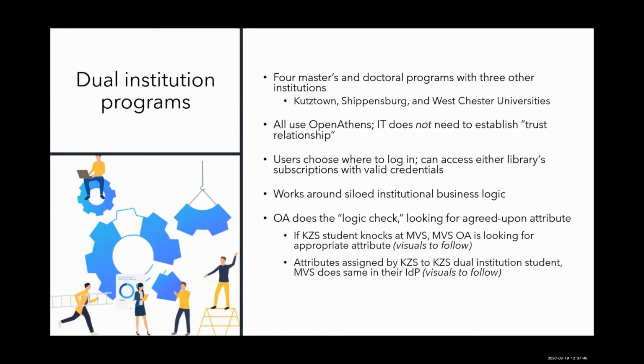So users can choose where they want to log in, and they can access any resources in the library with their valid sets of credentials. So if a Kutztown user comes to the Millersville University Library, they're able to log in with their Kutztown credentials and vice versa. Years ago, we were able to ascertain that when students move between a course that's listed at Kutztown or Shippensburg and then a course that is listed at Millersville as part of the dual institution programming, they prefer to stick with a singular set of credentials.